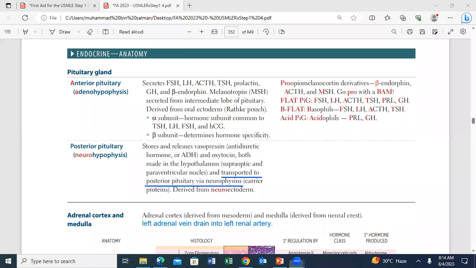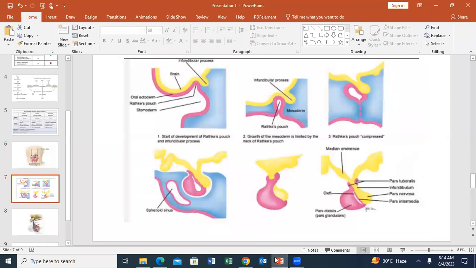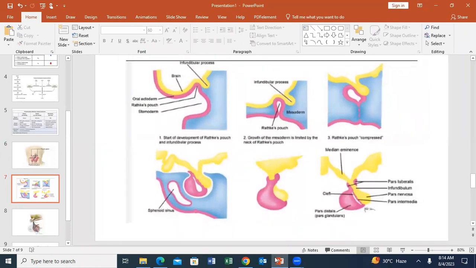So you may have a look at this diagram. Look at this diagram. This pink structure is derived from the ectoderm, and this is basically the primitive oral cavity, right? So you see a pouch arising from this oral cavity goes up, and this forms the anterior pituitary, whereas a structure coming from the neuroectoderm, this yellow structure, forms the posterior pituitary.